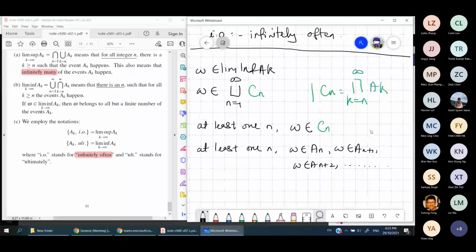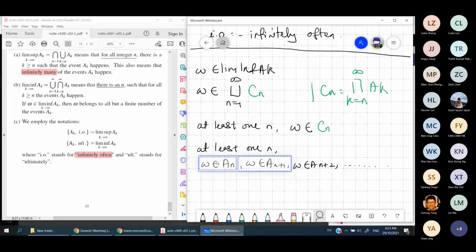Maybe I'll put this one down here, that'd be a better idea. So that is the idea for it. I don't know what n is, but at least one n. And after that, omega will belong to all the A_n onwards.